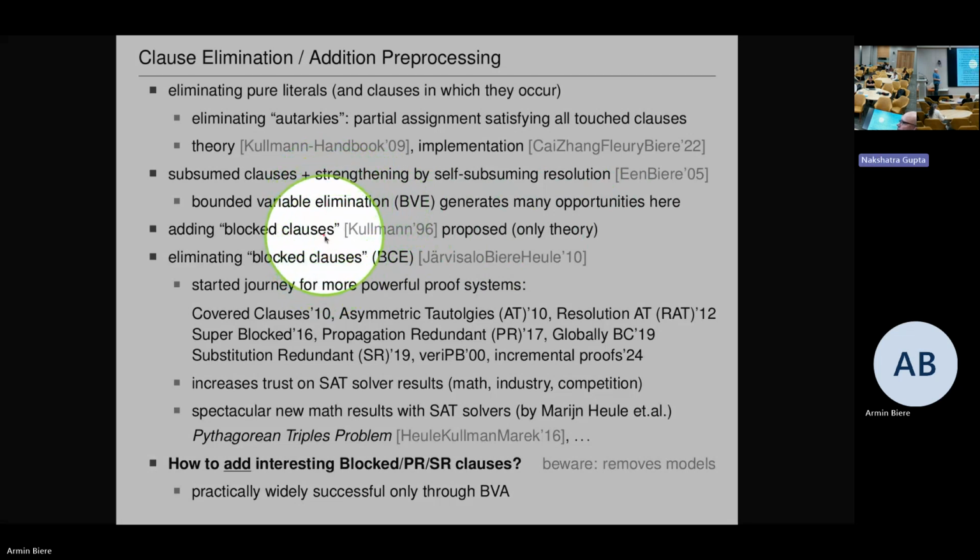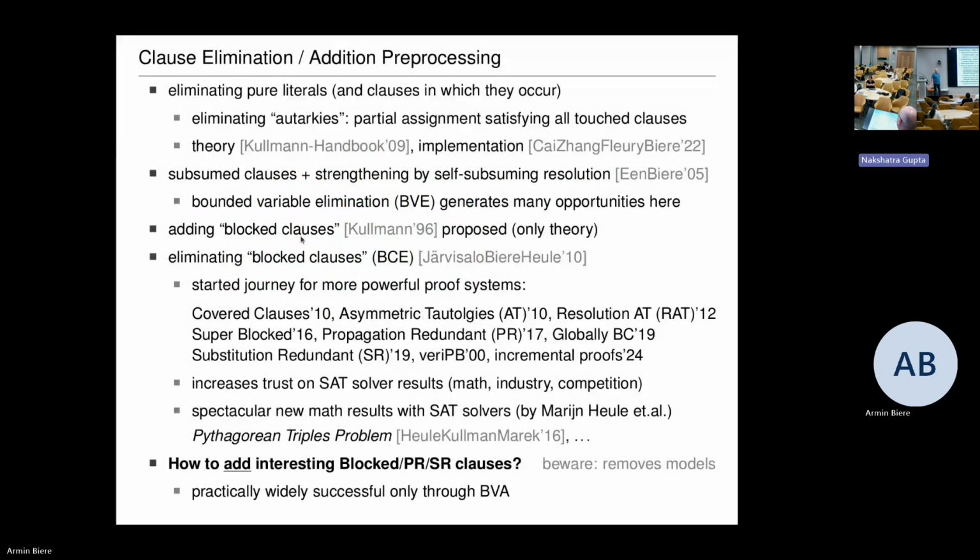Now comes another invention of Oliver's, also proposed here, a clause elimination technique. He called it blocked clauses. Actually, he didn't have the motivation to use it as an elimination technique. So you see here on top of the slide the words elimination and addition.